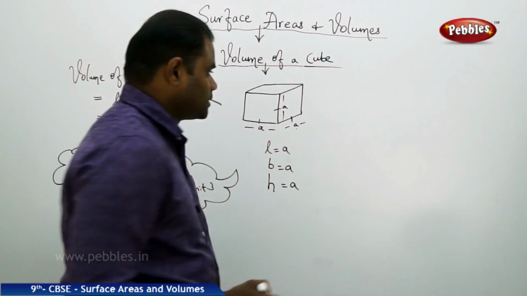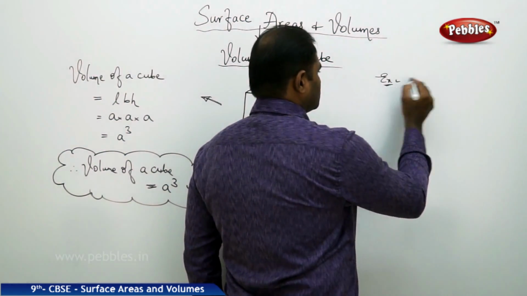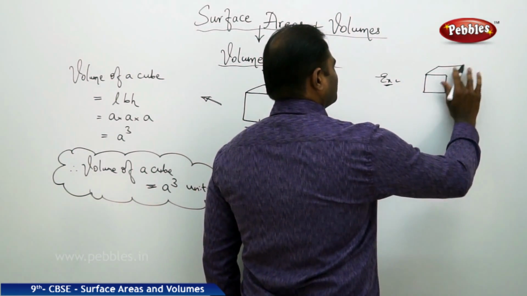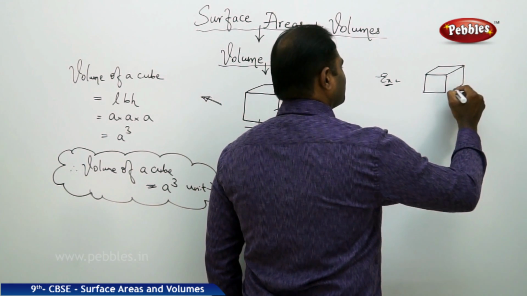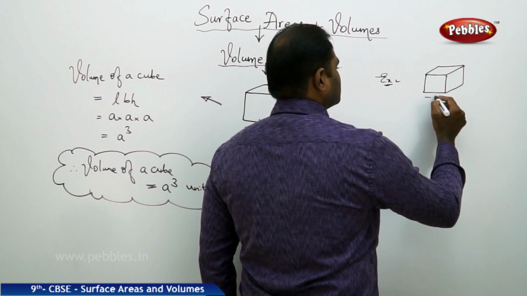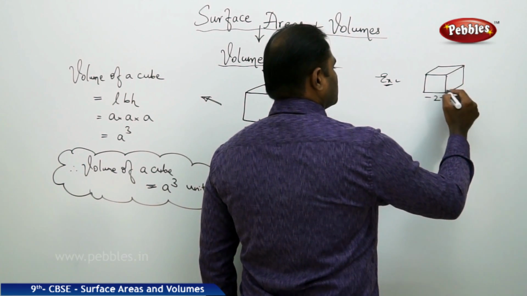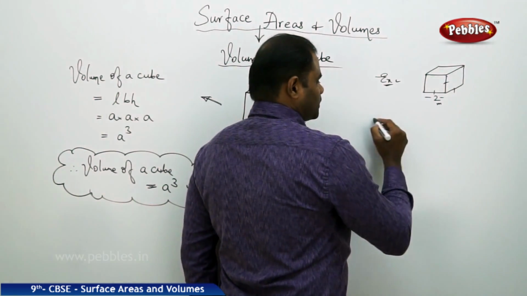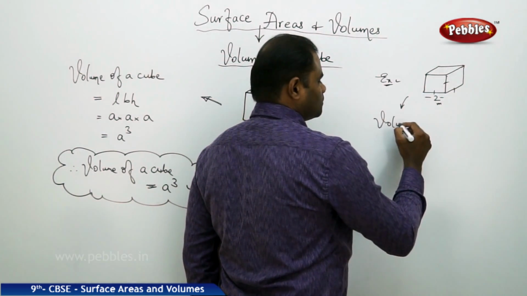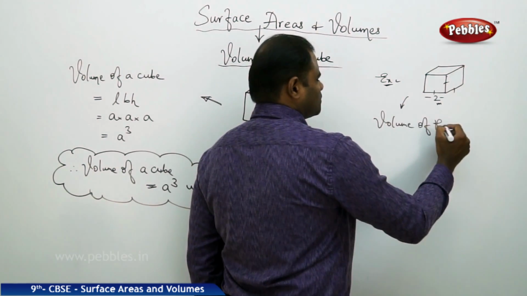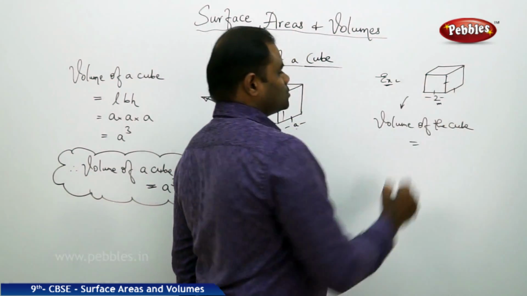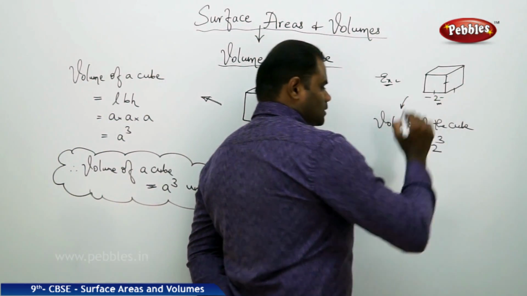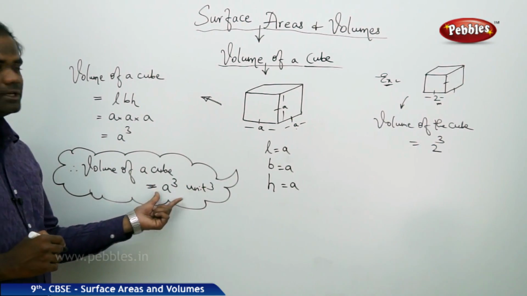So for example, if I take a cube of side 2 meters, then the volume of this cube whose dimension is 2 meters is given by 2 cube, because we have the formula a cube with a equal to 2.